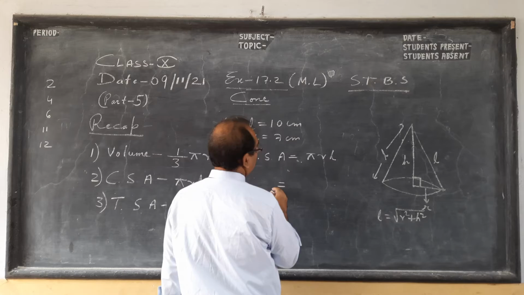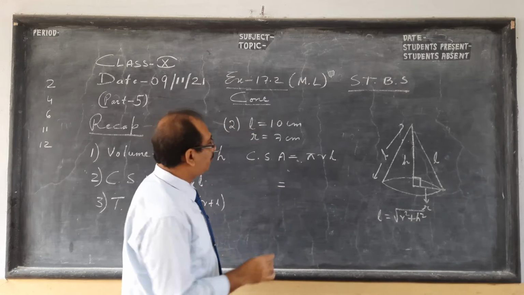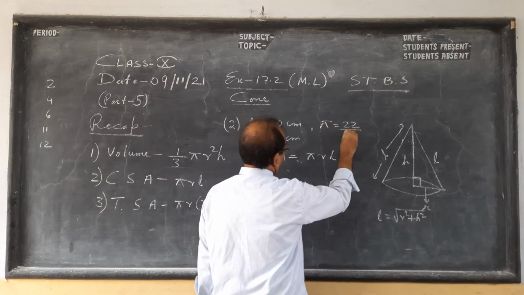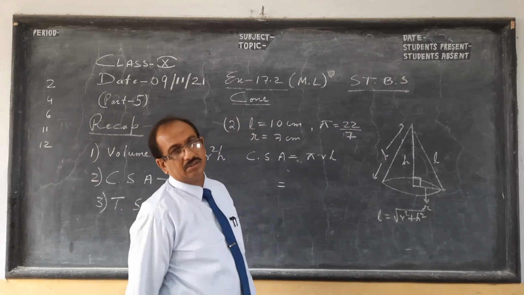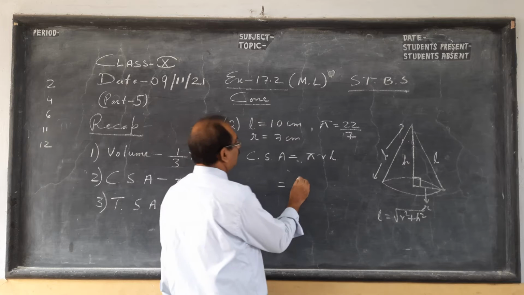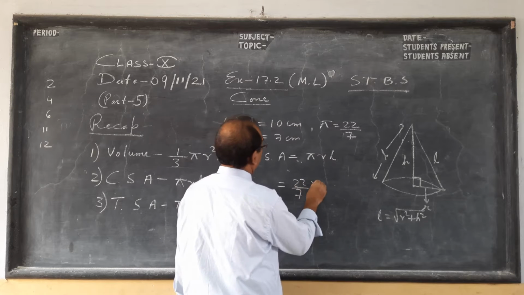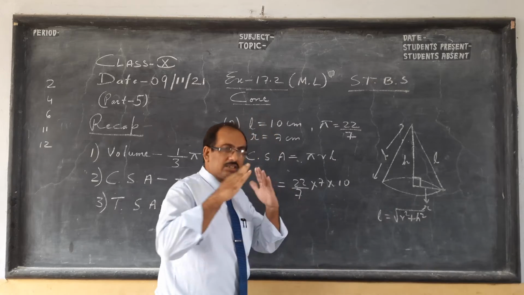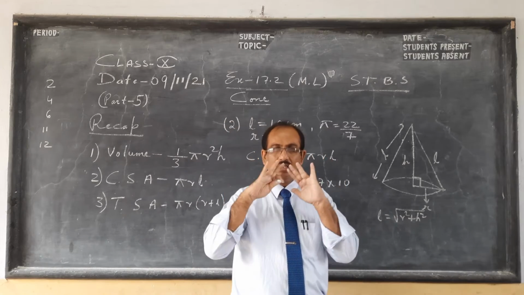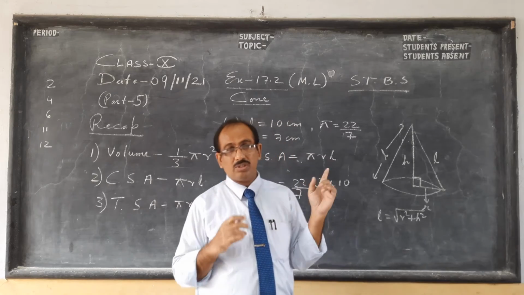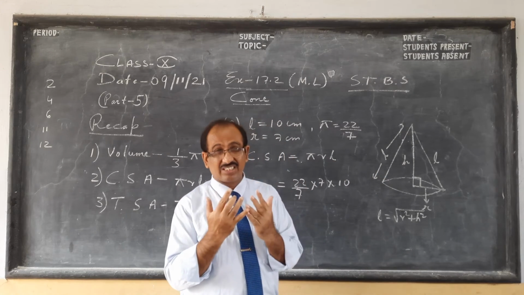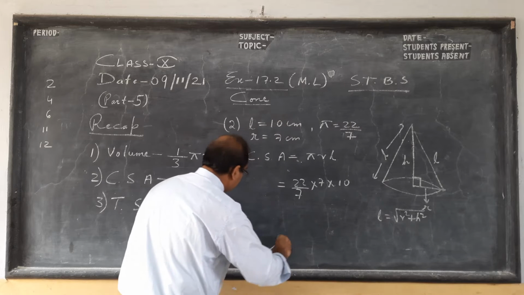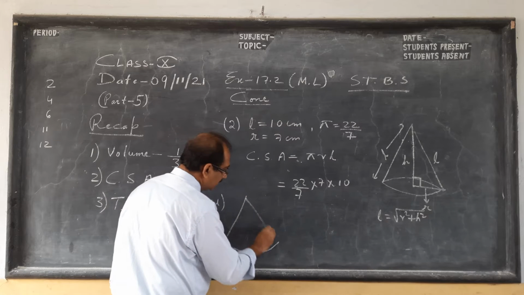So pi, when nothing is mentioned, we take as 22/7, otherwise if it is mentioned, then we take 3.14. So pi is 22/7, r is 7, it will cancel, and L is 10. Since this is curved surface area, it's an area. In the beginning video I told you, if you open this cone, you will get a sector of the circle like this.